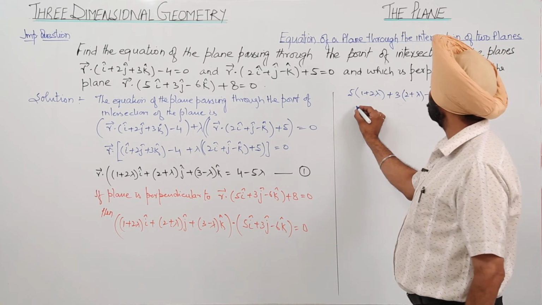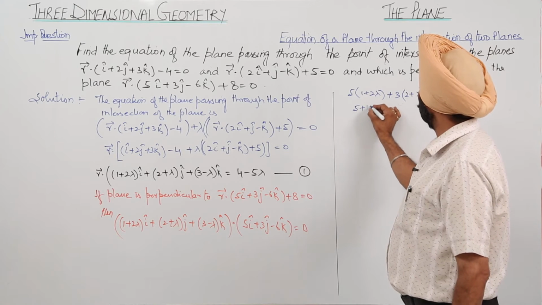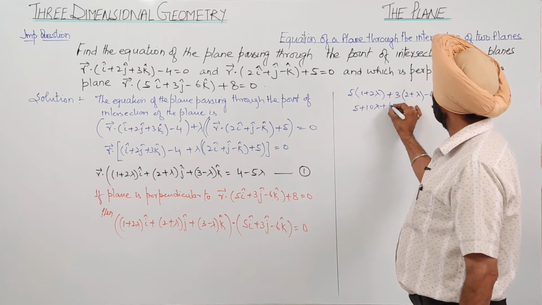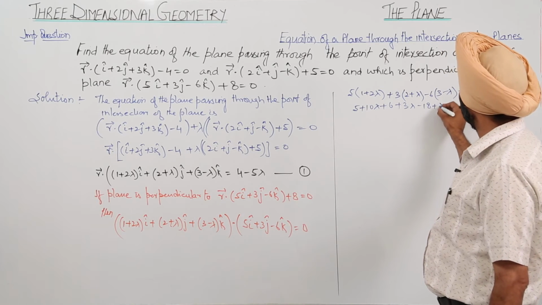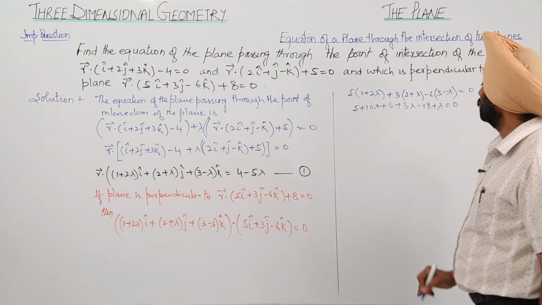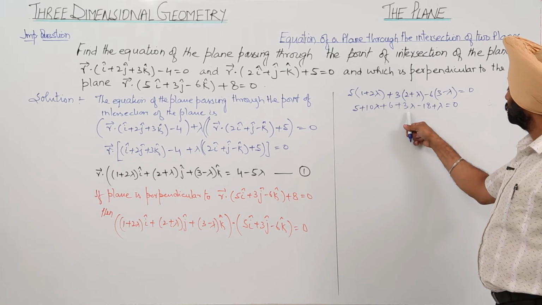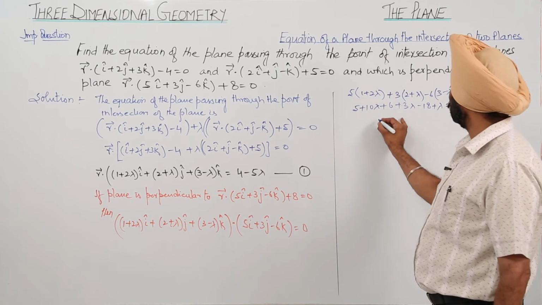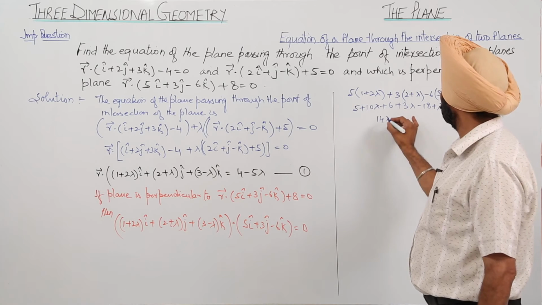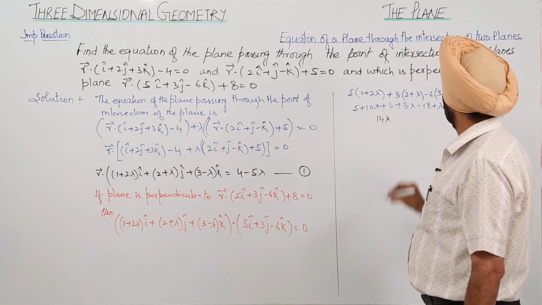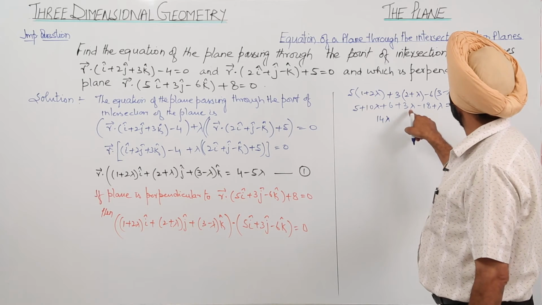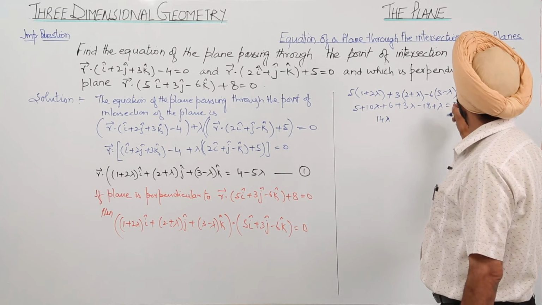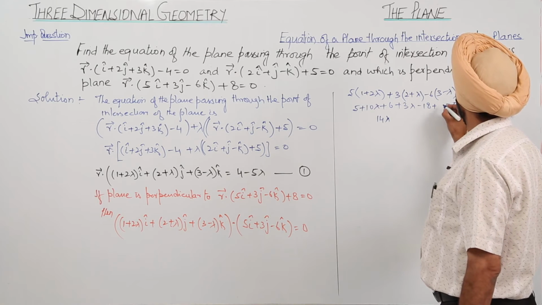So now this becomes 5 plus 10 lambda plus 6 plus 3 lambda, negative of 18 and positive of 6 lambda is equal to 0. Now we are having 10 lambda, 3 lambda and 6 lambda, I am sorry, it is 6 lambda.